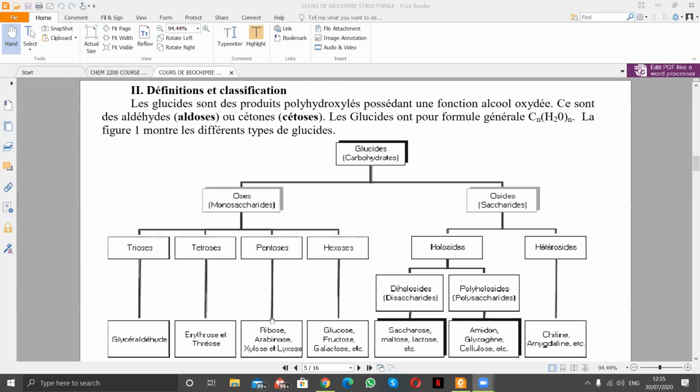Then ribose. When you talk about ribose, are we talking about RNA or DNA? You need to know it as well. But most important, our teacher emphasized glucose and fructose. If you know these ones, you're well to go.